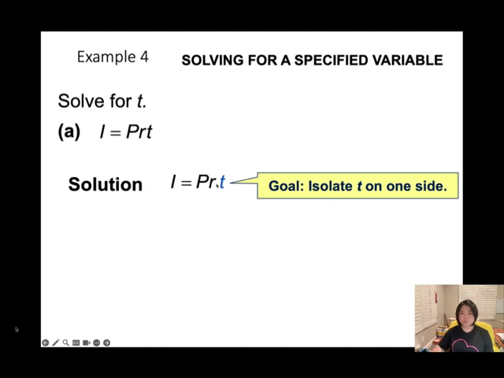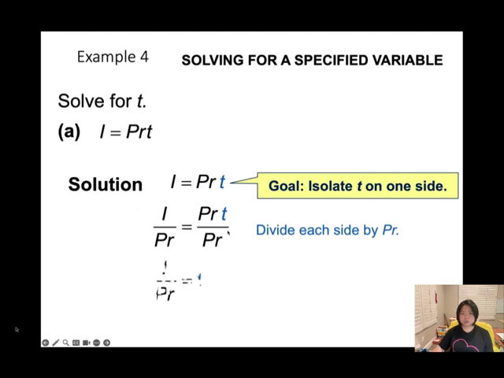So we're going to do division. Divide each side by p and r. And then these two, you can cross out. So t will be equal to I over PR. Okay, so this is how you solve for a specific variable.